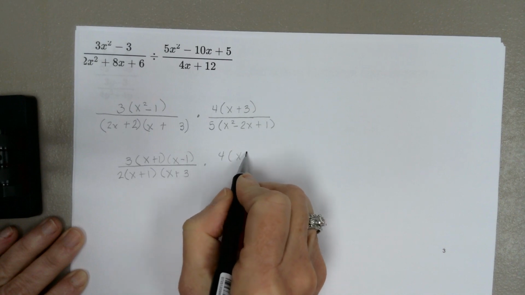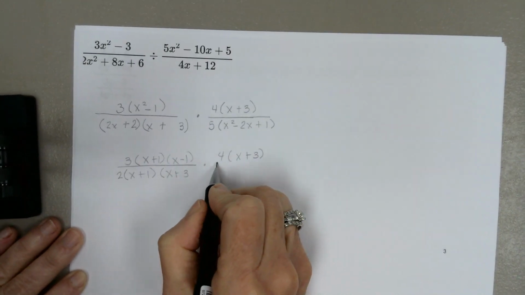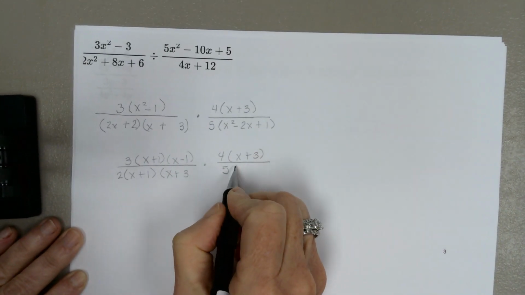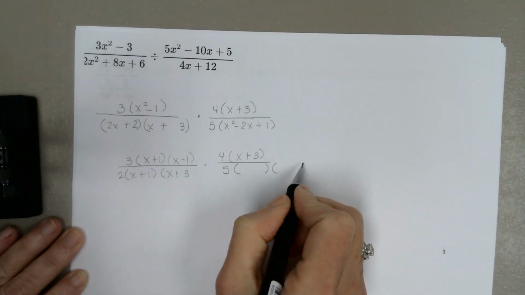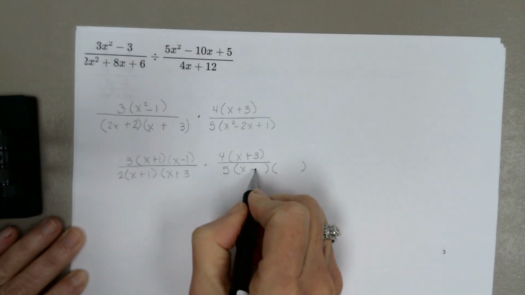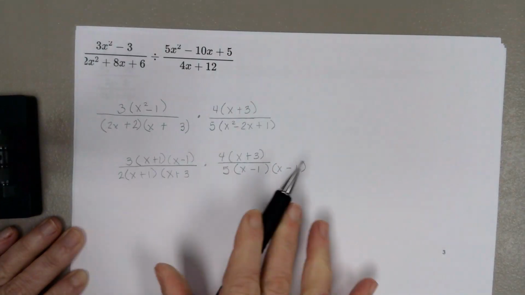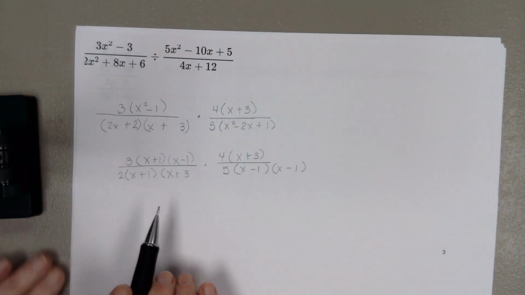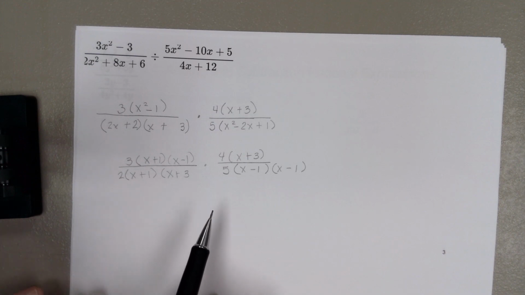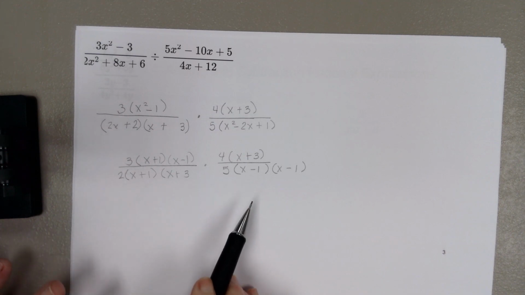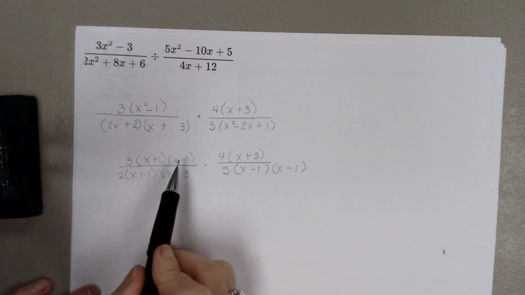And I have my same thing on the top. But then this bottom one, I can factor more, and I have an x minus 1 and an x minus 1. Now everything is multiplied together, so if I have the whole set of parentheses on the top and the bottom, I can mark it out.